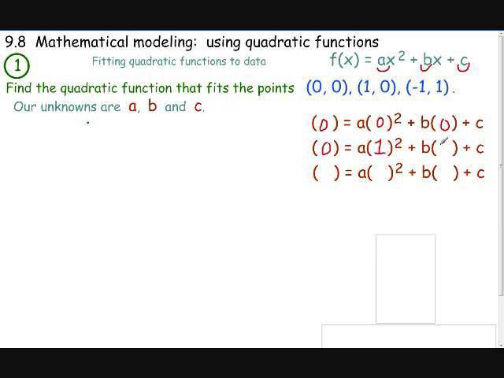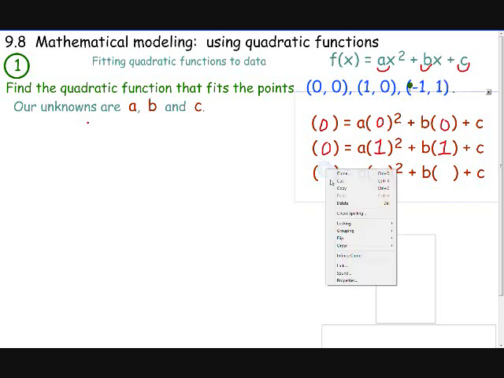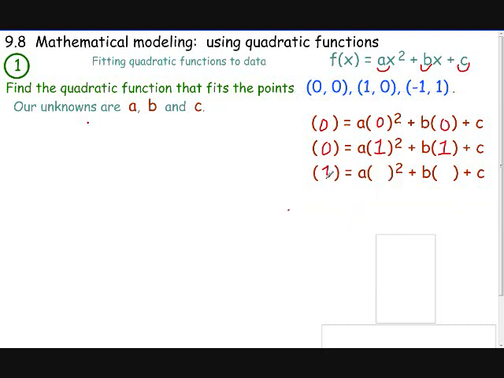So I put that in. Notice where x is, right here and here. That's where I put in my values for x. And finally, the third point that lies on this quadratic function's graph, my y is 1, so I put that in for f of x. And my x is negative 1.